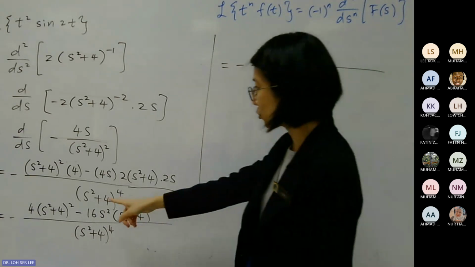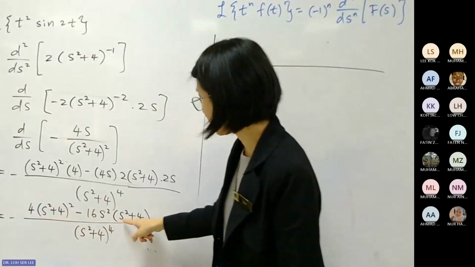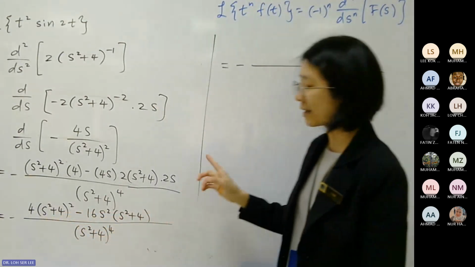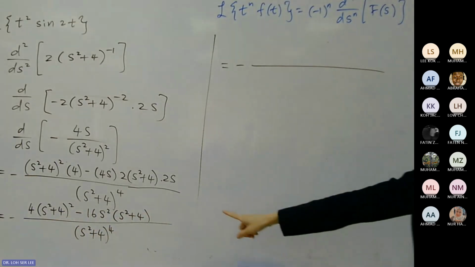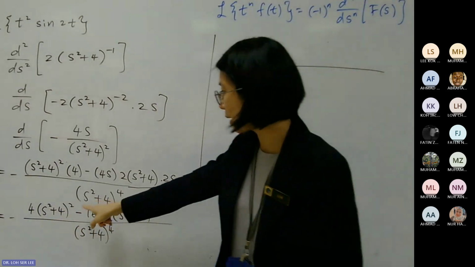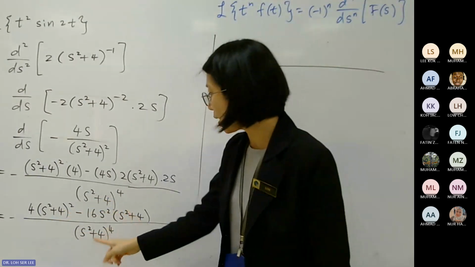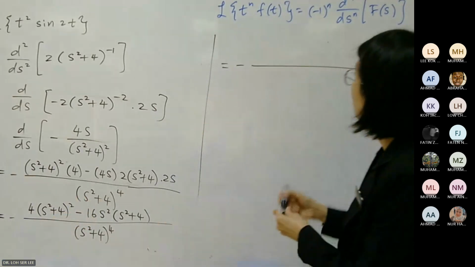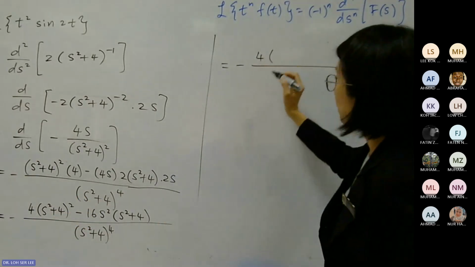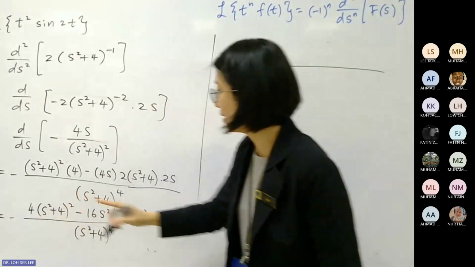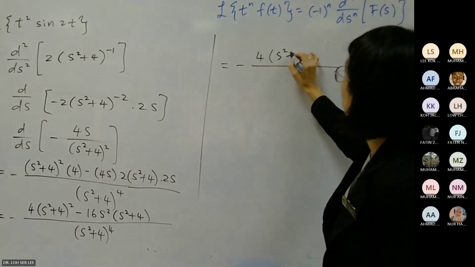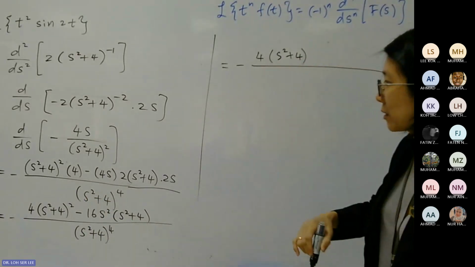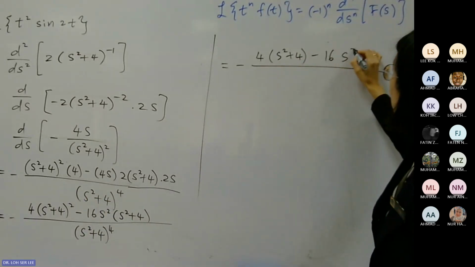Okay, we have s squared plus 4 here, s squared plus 4, and s squared plus 4. We can cancel out one set, because this is power of 1 and this is power of 2. So after you cancel out one, you have one more, power of 1, minus 16s squared.